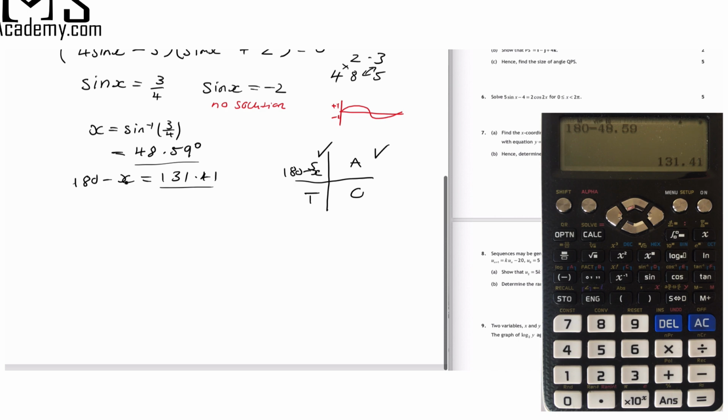So how do we get from degrees to radians? Well, you multiply by pi over 180. So do that for both values.